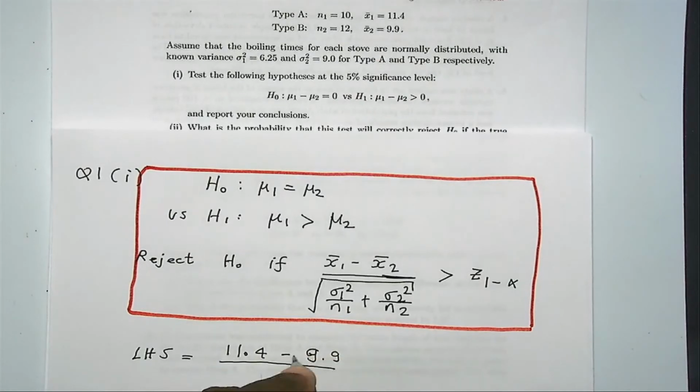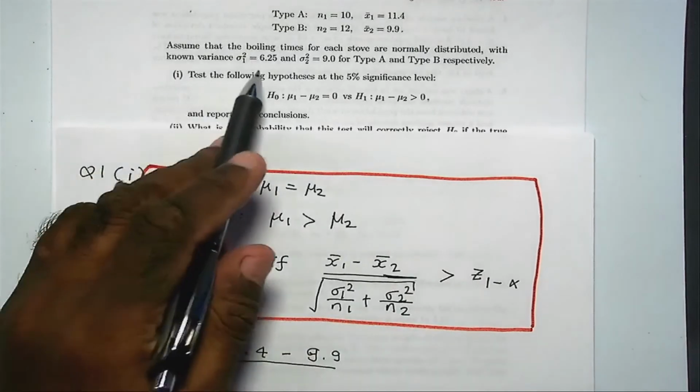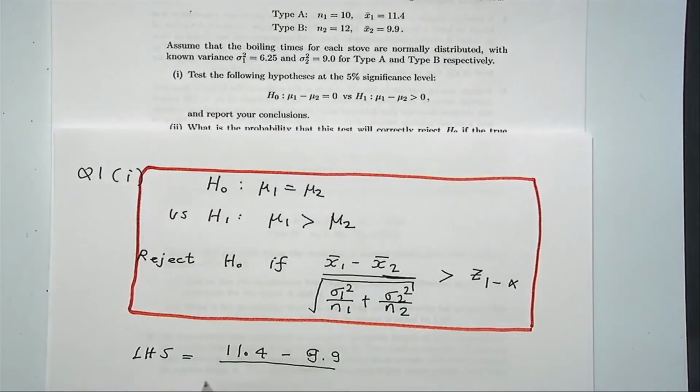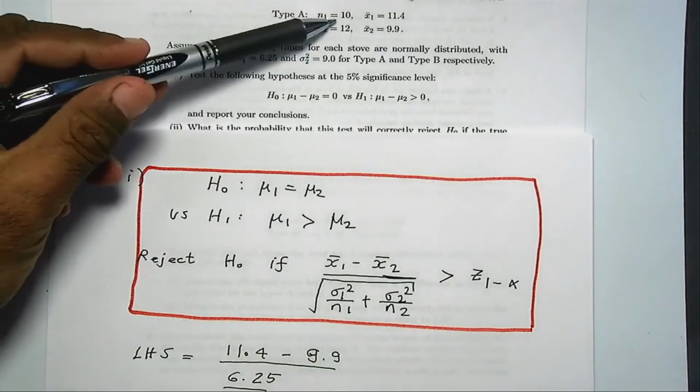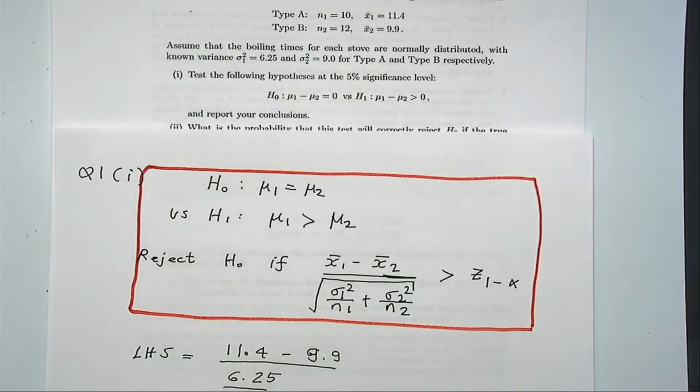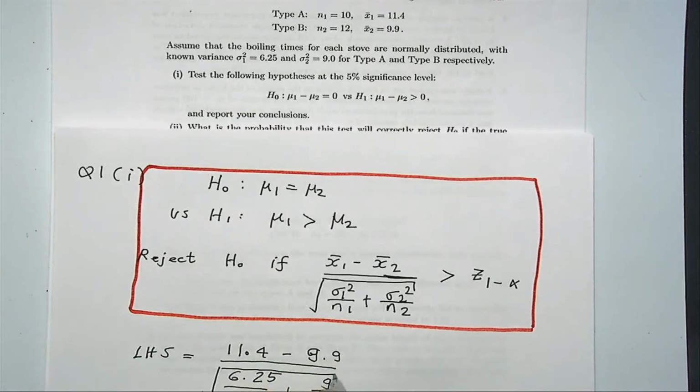Divided by the square root of sigma 1 squared, which is 6.25, over N1, which is 10, plus 9 divided by 12. If you work this out using a calculator, you will get 1.279.